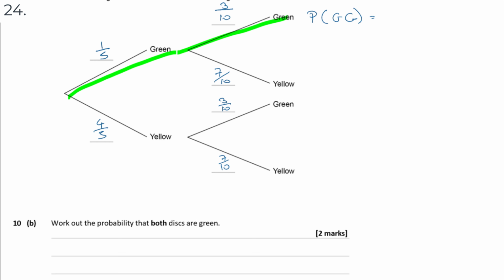So I've got 1/5 here, look, and I'm going to multiply that by the other one, 3/10. So 1/5 times 3/10. What's that going to give me? That's 3/50. Okay, so the probability of both green is 3/50.